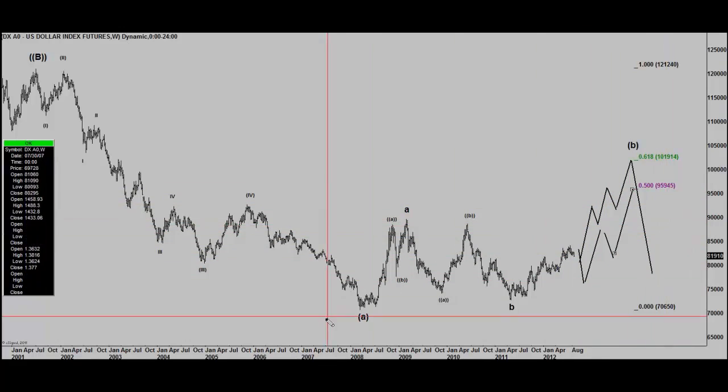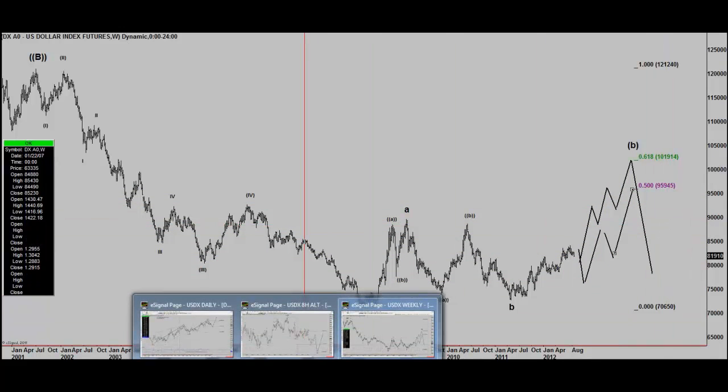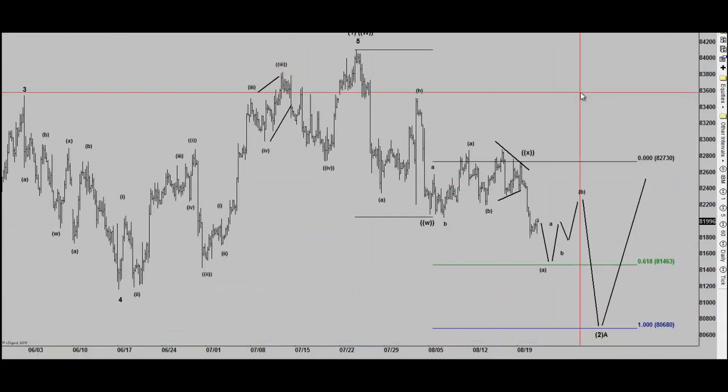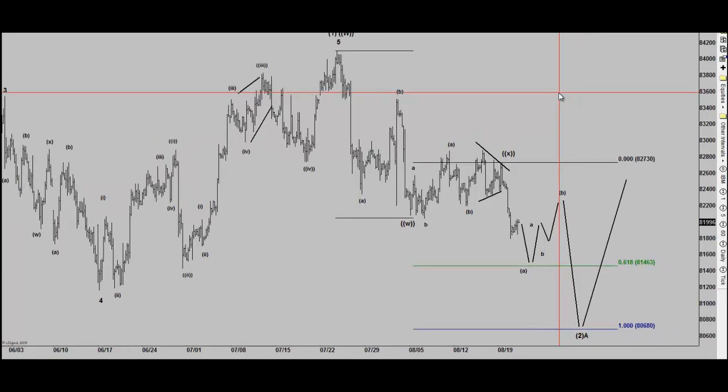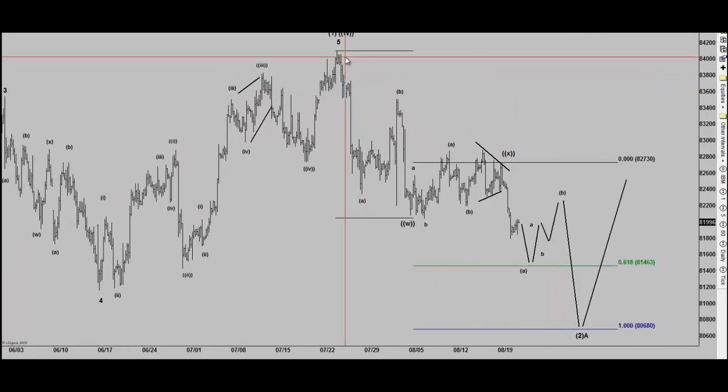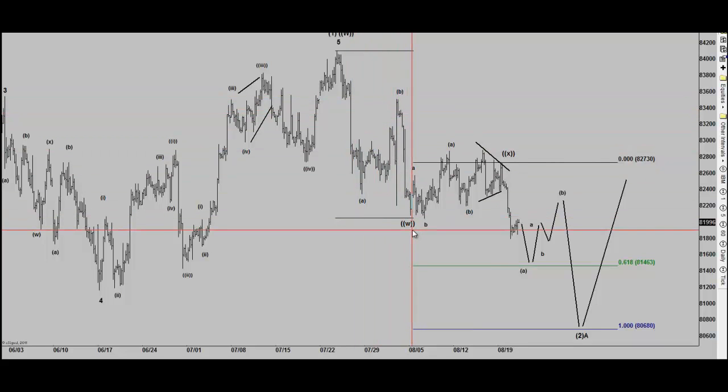Now, finally, looking at the 4-hour chart, we can see the move is corrective to the downside. The index did A, B, C with a flat in the middle. That's W. It did A, B, and a C-wave triangle.